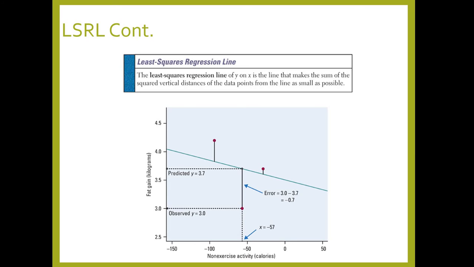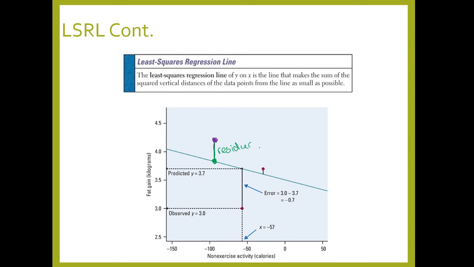Another thing with the least squares regression line is that it may touch one point, none of your points, or more than one. We don't know how many actual observation points it'll touch. It doesn't have to touch any to still be a legitimate least squares regression line. And the error between your observed value and your expected value on this least squares regression line is called a residual.